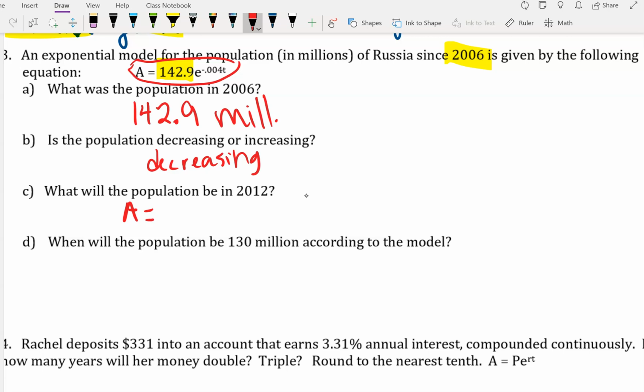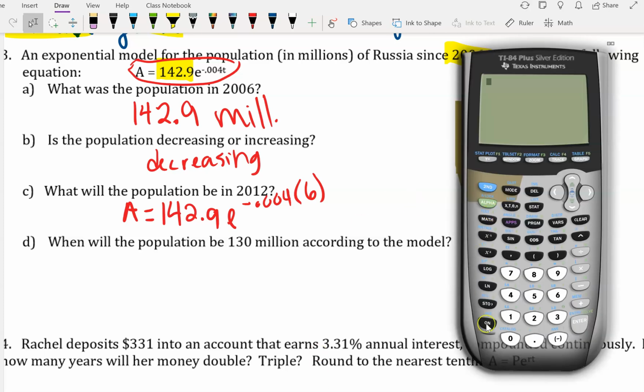We want to see what the population will be 6 years later, so we'll do this algebraically. 142.9 e to the negative 0.004 times 6, because 2012 is 6 years after 2006 when we started. I'm just going to type this into the main part of the calculator since I'm doing these algebraically.